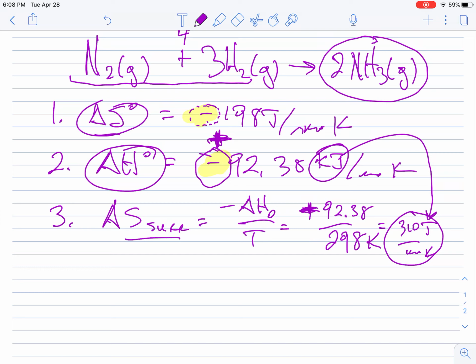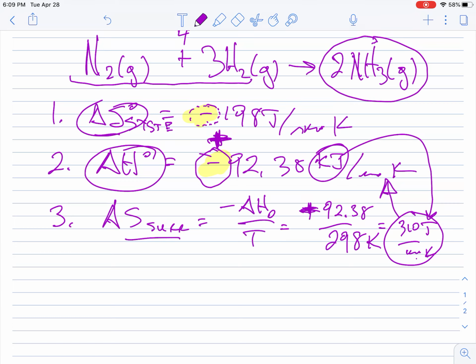All right. So delta S for the surroundings is going to be a positive value. Delta S for the system is going to be a negative value. So the surroundings are going to increase in entropy, and hopefully that makes sense. The delta S for the surroundings is going to increase because it's an exothermic reaction. This reaction is giving off energy.